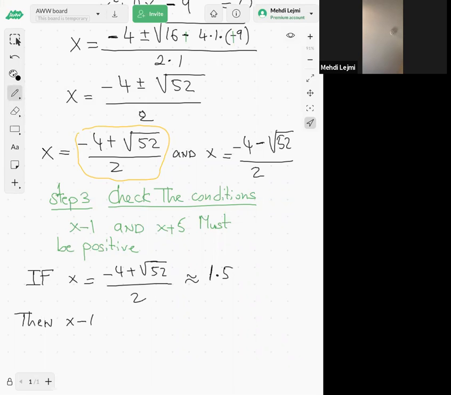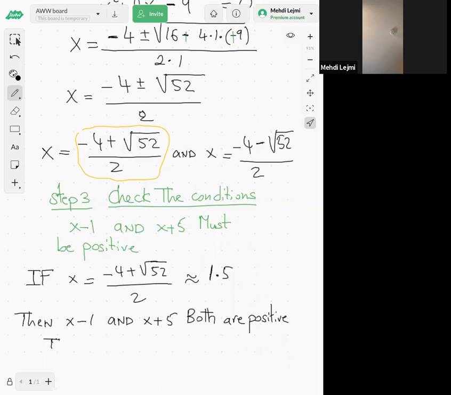So if x is negative 4 plus square root of 52 over 2, then x minus 1 and x plus 5 both are positive. So the conclusion is that this is a solution.